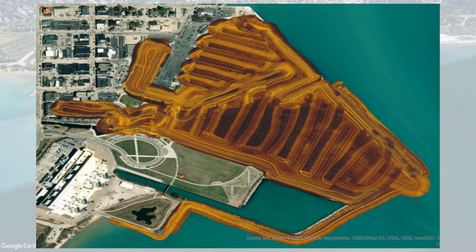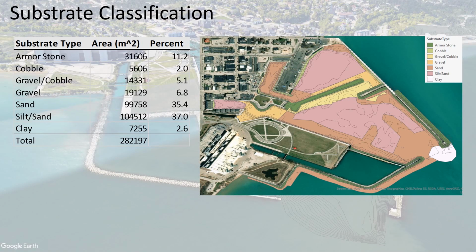Furthermore, you can start analyzing the side scan mosaic from the estuary and classify what the substrate actually is. Essentially what you end up doing is going in and looking at the mosaic and drawing polygons around the different types of substrate. Then you can get a rough estimate of the percent of substrate in each estuary.